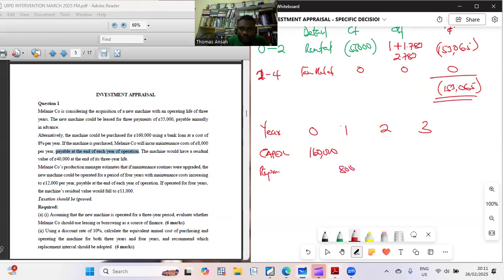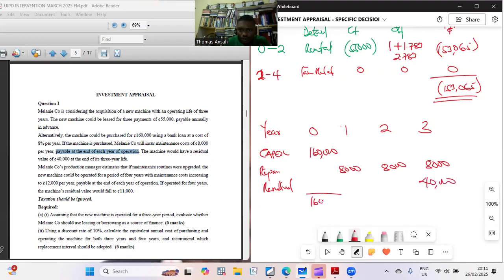So here will be 8,000, 8,000, 8,000. Then we have the residual value. Since it is not a post-tax residual value, we bring it in as is; of course, we are ignoring tax in the first place. The residual value at the end of the 3rd year is 40,000.